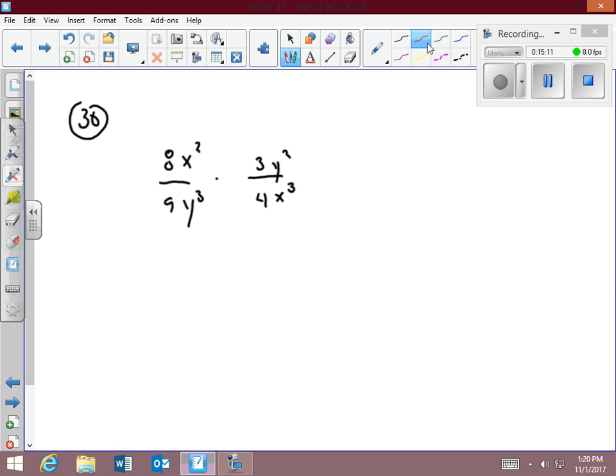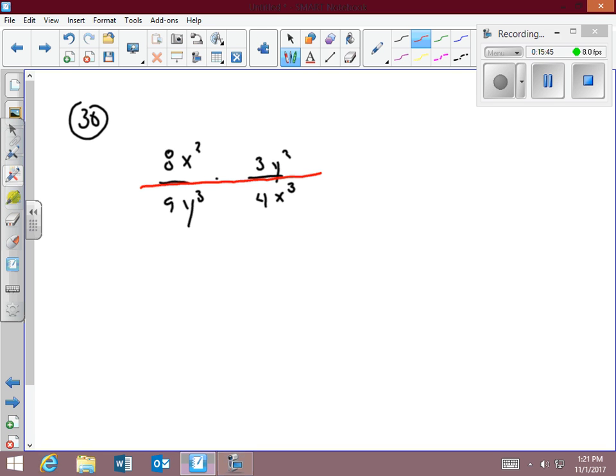Now, if you were to just multiply those, you could put them all like that, and they're multiplied. Numerators are multiplied across, right? Now what you want to do is look and see if you have common numbers or variables, numerator and denominator, that will cancel things out.